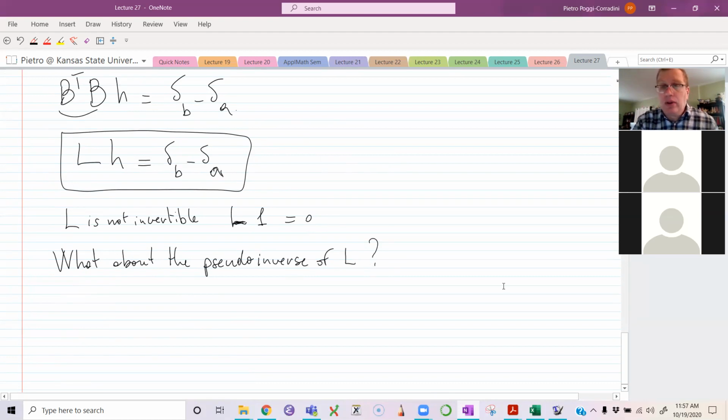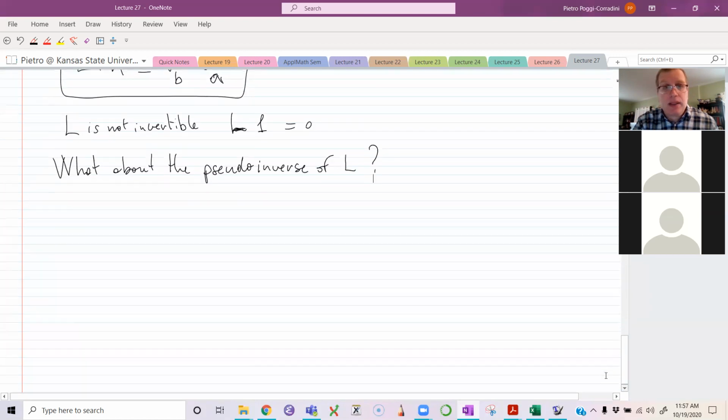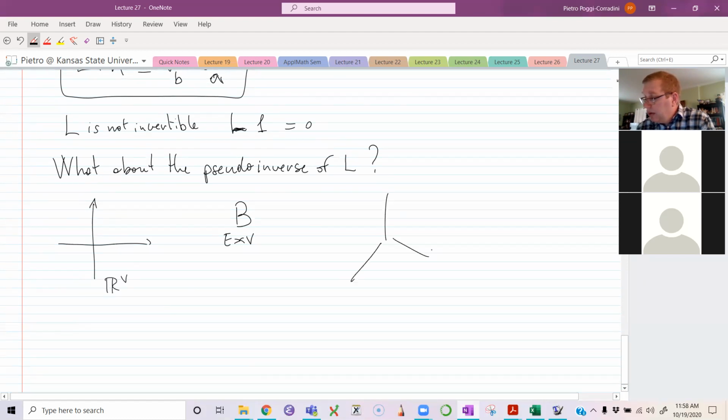All right, so we can do a couple of things. One way is to take B, and think of it as E by V, so it goes from R^V to R^E.